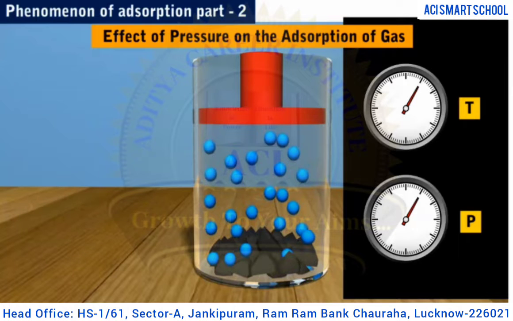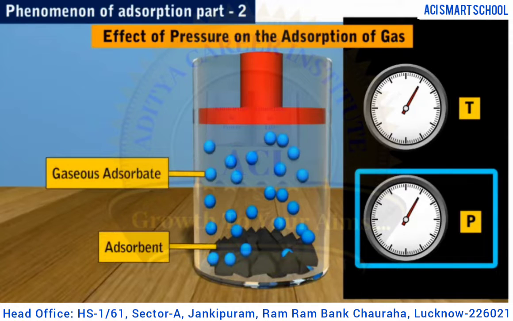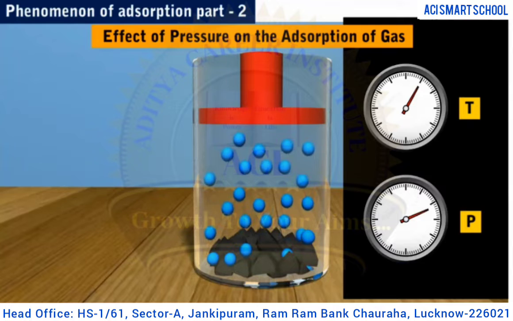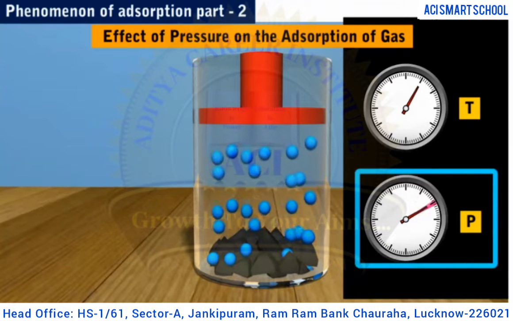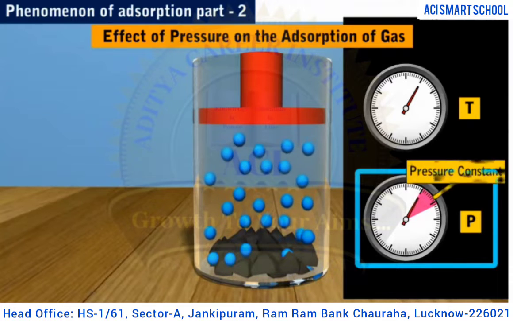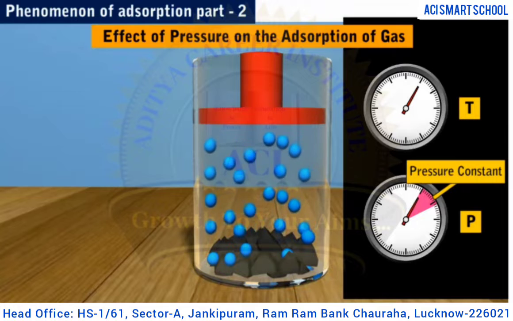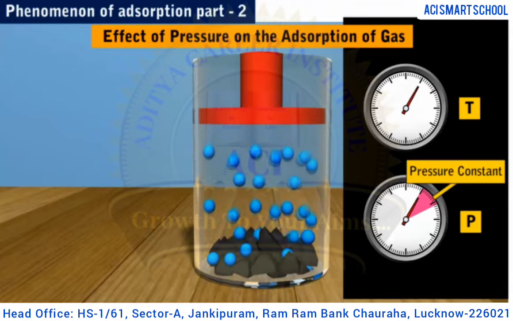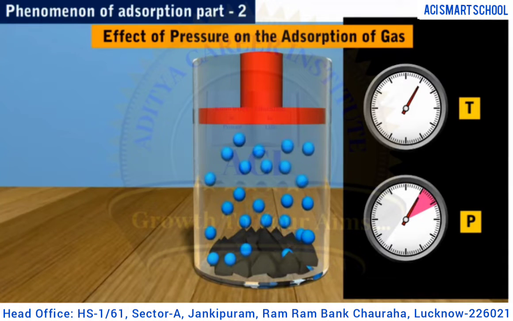In order to understand the equilibrium process, consider an adsorbent and a gaseous adsorbate in a closed vessel placed at a particular pressure P. It is observed that due to adsorption, the pressure of the gas decreases initially and becomes constant after some time. This indicates that a state of equilibrium has been attained. Once equilibrium is reached, the rate of adsorption becomes equal to the rate of desorption.